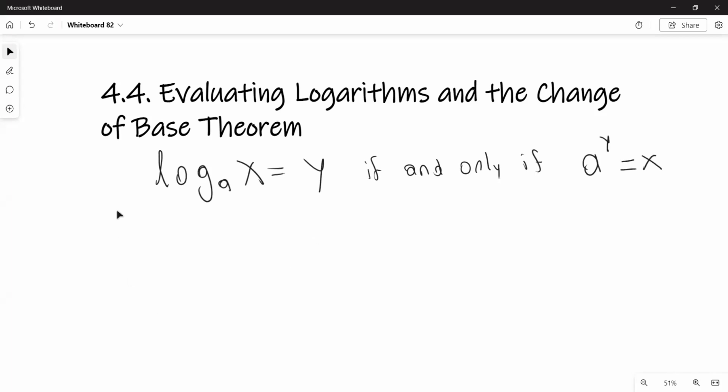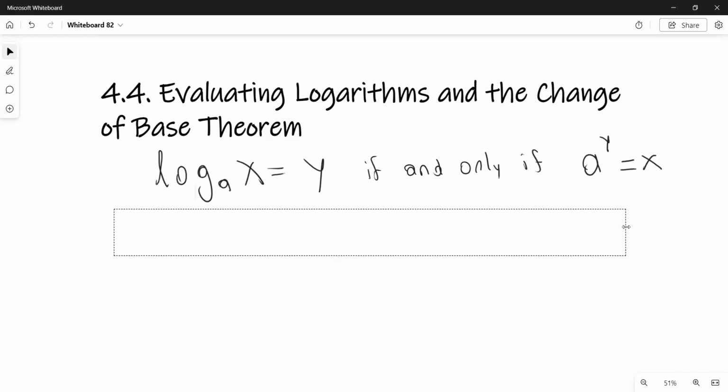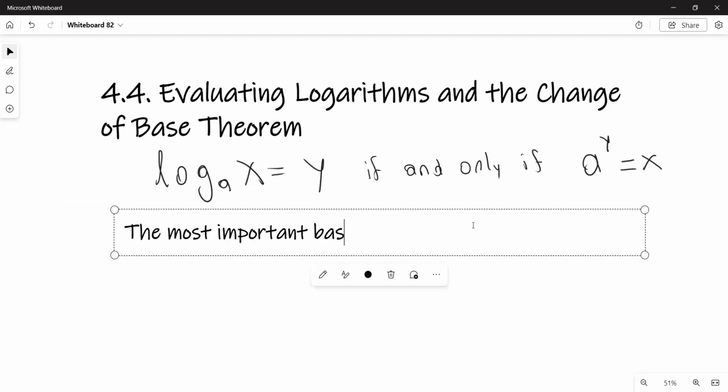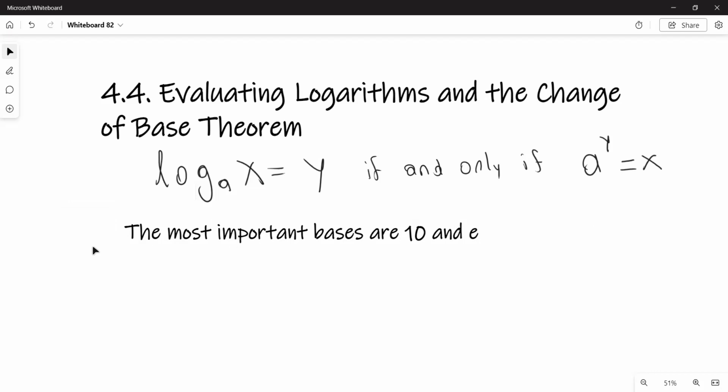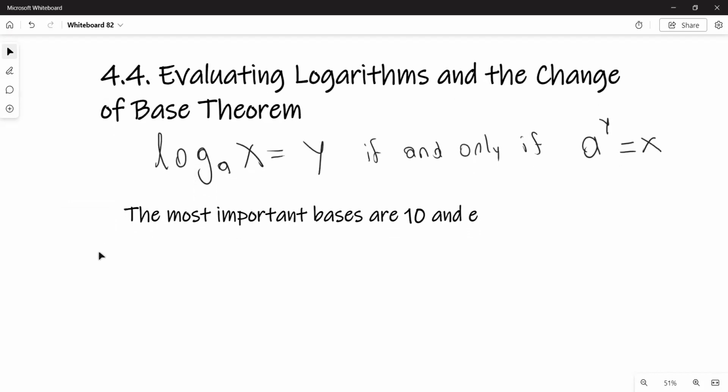So a is known as the base, and the most important bases are 10 and e. Those are the ones you can evaluate immediately with the calculator.